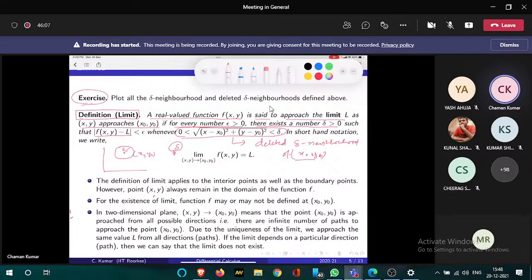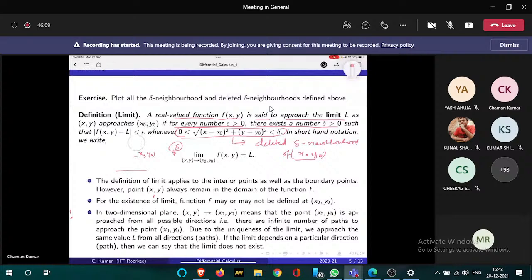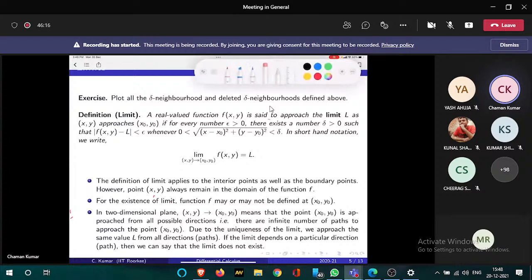So mathematically we say that. How do we write this geometric interpretation in the mathematical world? It says that you choose any epsilon. You pick your epsilon greater than 0. That is the only condition. This epsilon can be 0.1.